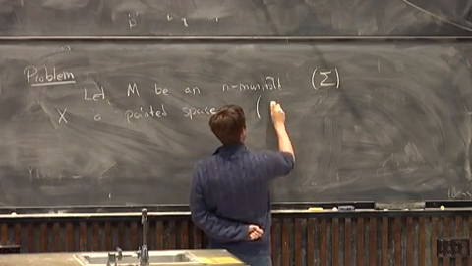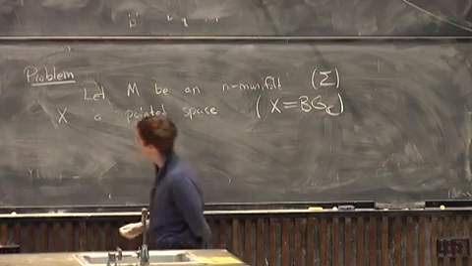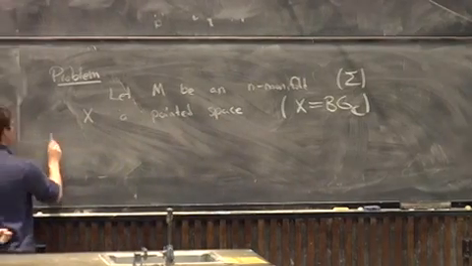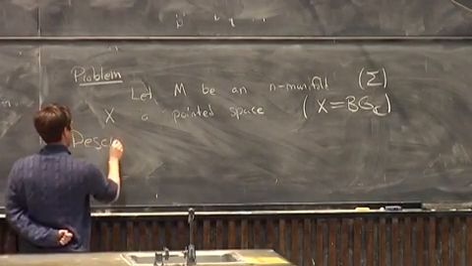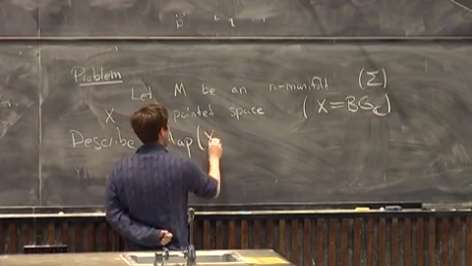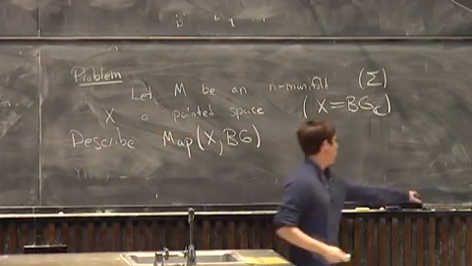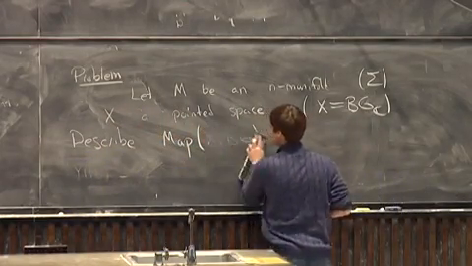And the space I have in mind is the classifying space for this group G. And what we want to do is describe the space of all maps from M into X.